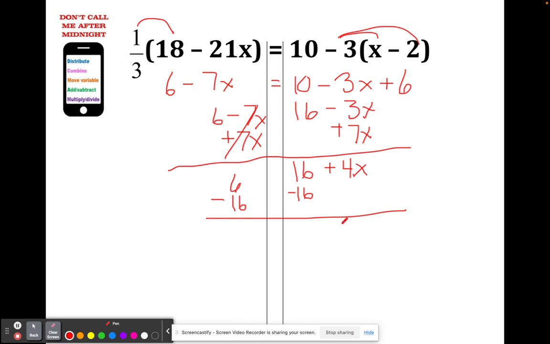And I get 4x equals negative 10. Divide both sides by 4. And x will equal negative 10 fourths, which I can simplify to negative 5 over 2.